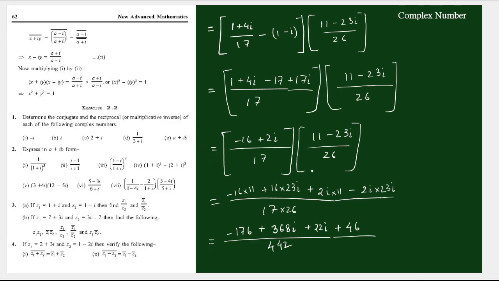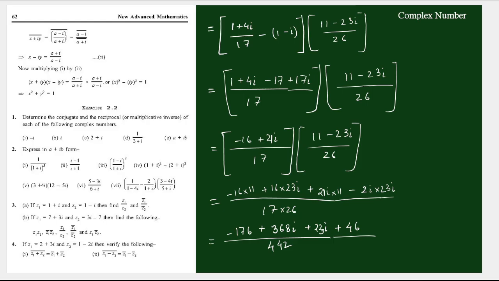Did I make a mistake? 4 into 17 is 68, so this will be 21. And 21 into 11 will be 231. This will be 231.